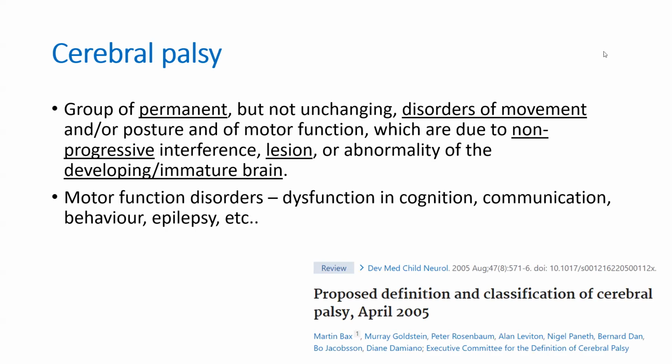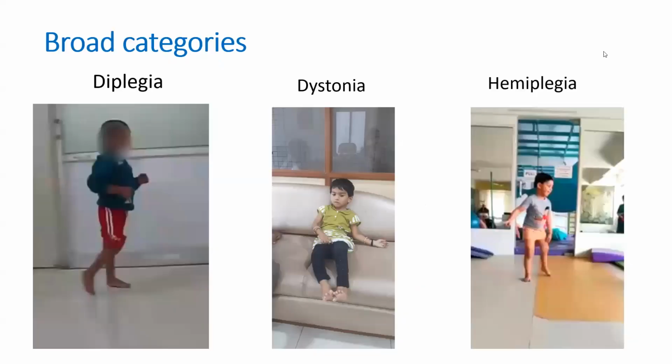And not only do these children have motor function disorders, but they also have dysfunction in cognition, communication, speech, behavioral issues, epilepsy, and the list goes on and on. So in most cases, these children would cross paths between the orthopedics and pediatric neurologists.